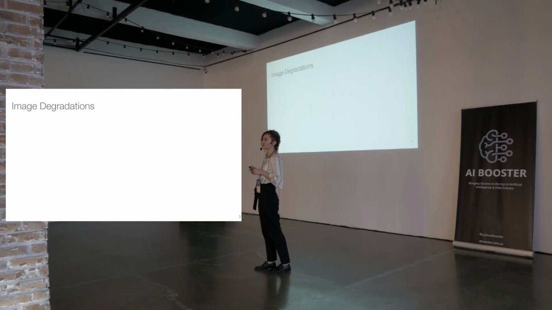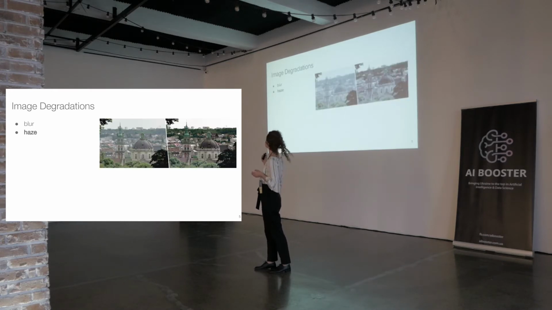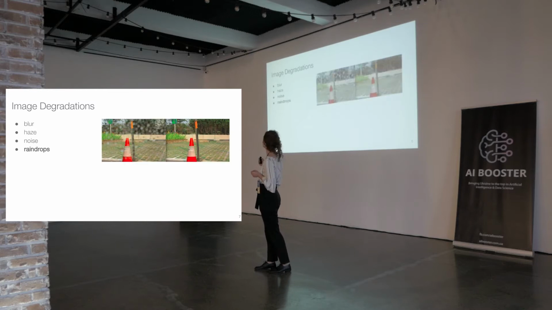But I would say it's really very important, and just to give you a short introduction to how many different degradations there might be. You can have motion blur here, you can have haze, like this milky veiling caused by fog or any other weather conditions. You can have different types of noise. You can have raindrops and you can have rain streaks, and there are lots of different methods.